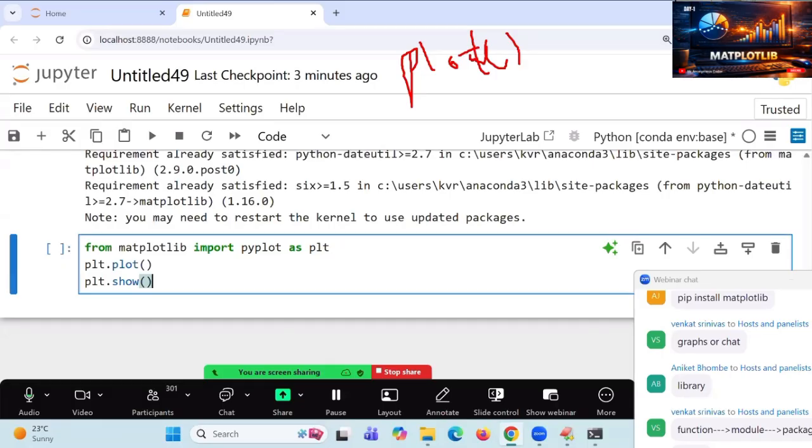In the histogram there are types: horizontal bar, vertical bar, stacked bar, stacked vertical, stacked horizontal. These are the plots: line plot, bar plot, histogram, pie plot. Next is what?